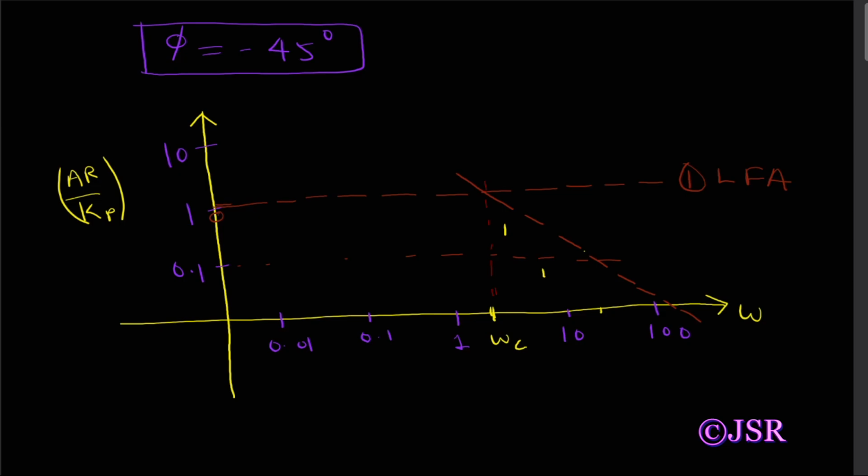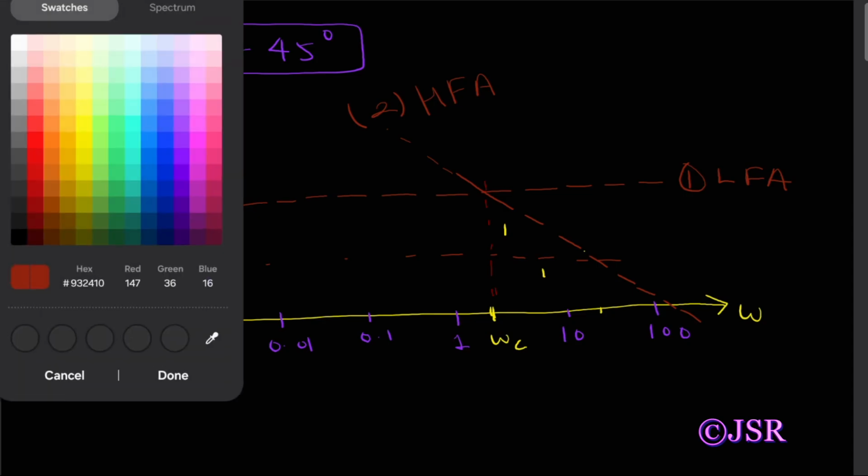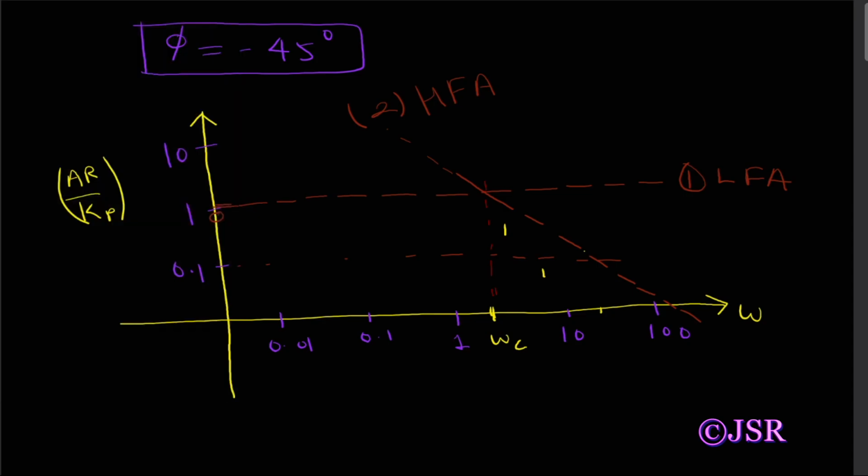So the slope will be -1. So for the high frequency asymptote we will have -1 slope. At the corner frequency, the value of AR upon Kp equal to 0.707.